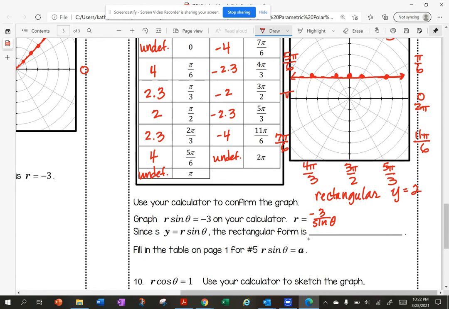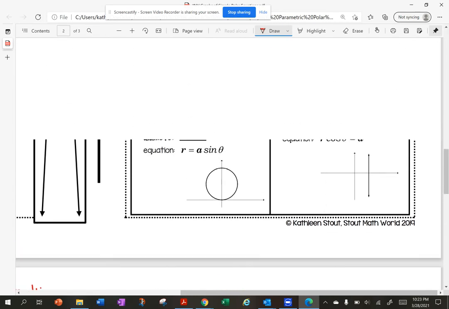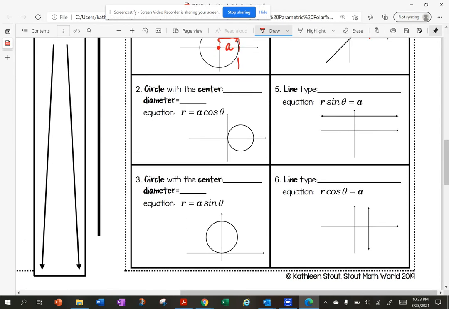What I see is the rectangular form is y equals this portion here. So this would be y equals negative 3. So I should see a horizontal line at negative 3. So at this point, I should be able to fill in number 5 in our table. So let's go back to the front and fill in number 5.